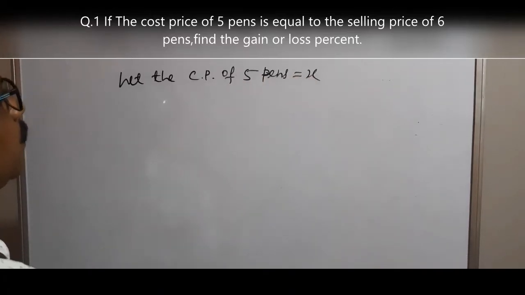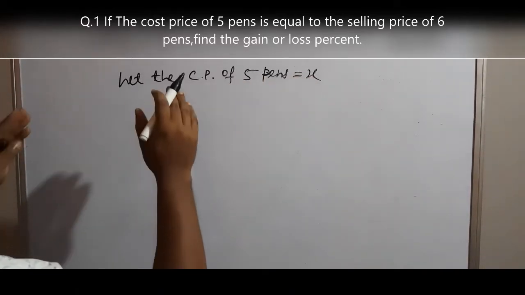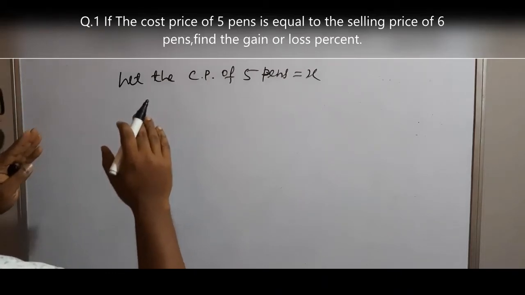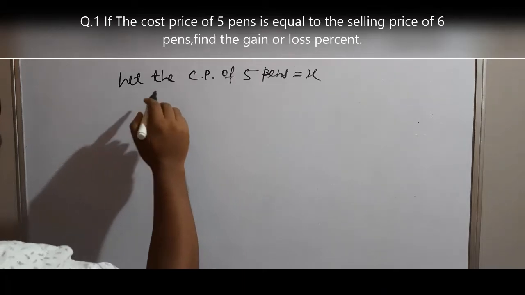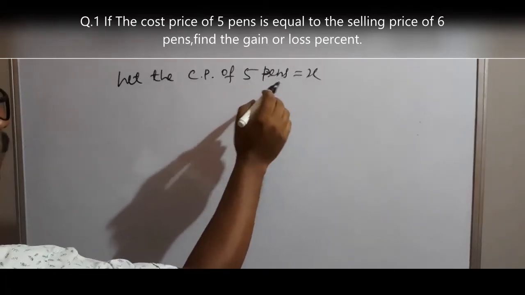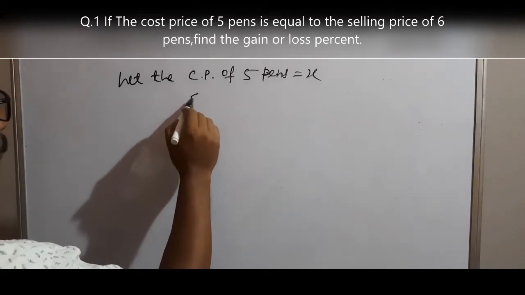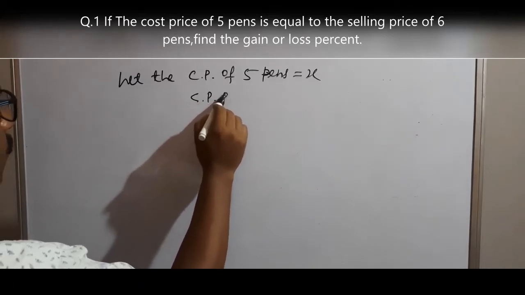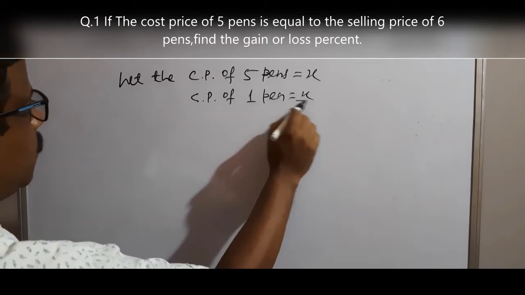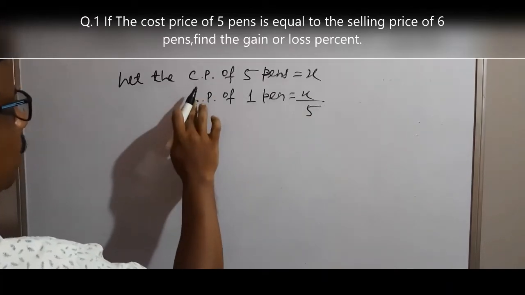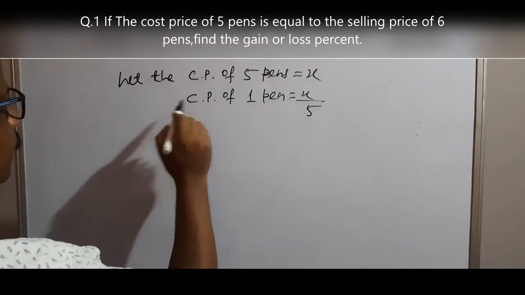Clear? So only the CP and SP of the same number of pens we have to compare. So CP of 5 pens is equal to X. So CP of 1 pen is equal to X by 5. Clear?